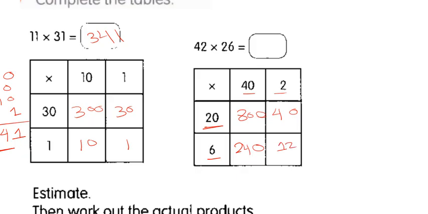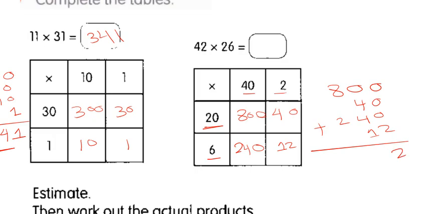Remember to write the numbers from the right hand side: 008 for 800, 04 for 40, 042 for 240, 12 for 12. 2 plus 0 plus 0 plus 0 gives me 2. 0 plus 4 is 4, plus 4 again. 4 plus 4 is 8, plus 1 is 9, and 2 plus 8 is 10. I can't carry because I have no other digits, so it will be 1092.